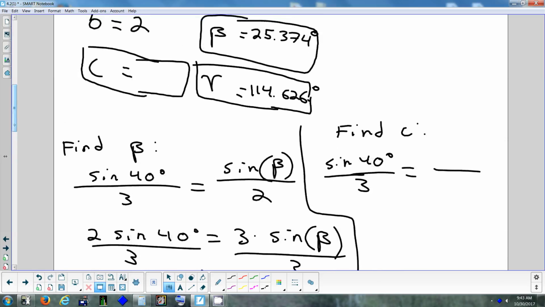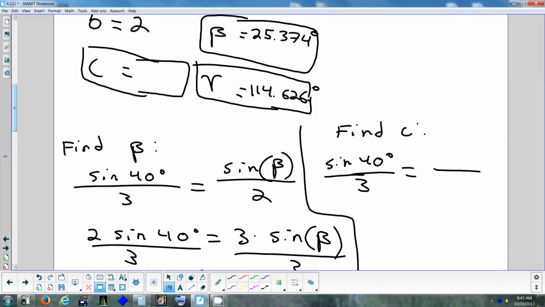And Emily, if I want to find C, I've got to use gamma. So how would I set up the other side? And gamma. Yeah. Well, to find C, you're going to use gamma. Gamma we know.